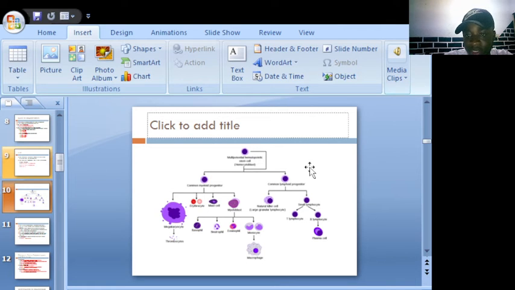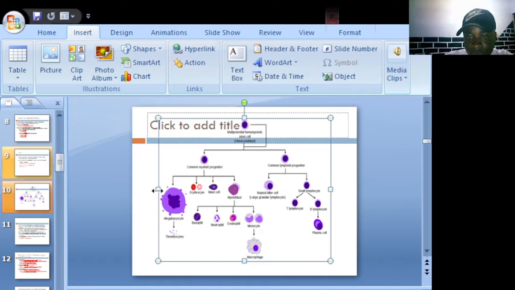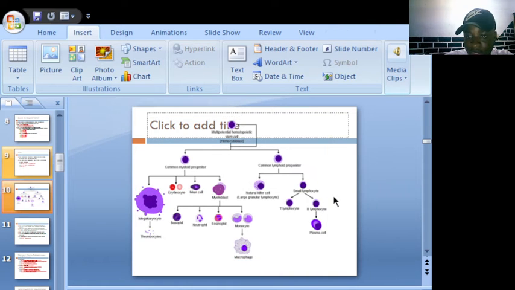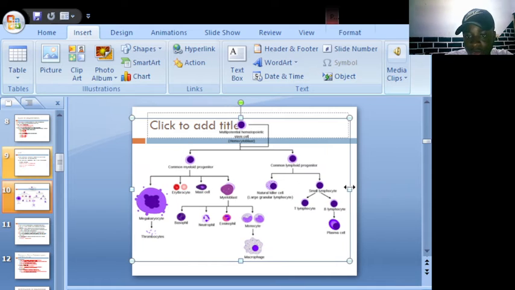So this is a picture showing the cells, how they are produced in the bone marrow. So we have the hematopoietic stem cell here, which is the main stem cell. Now it is being differentiated into the common myeloid and then the common lymphoid.